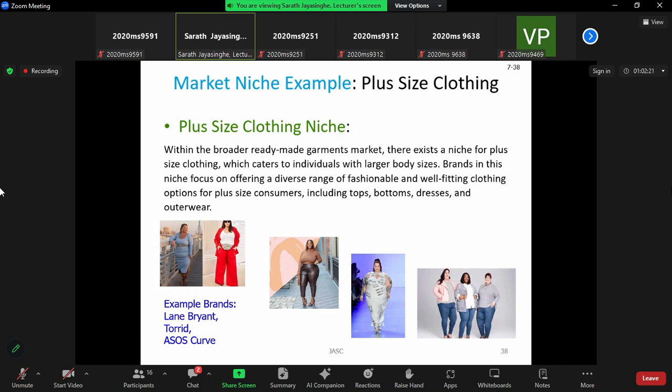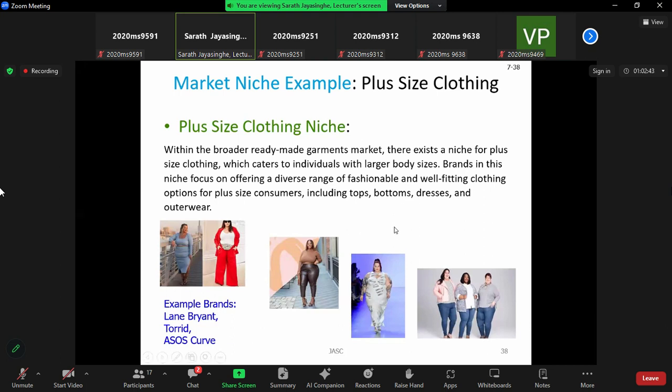Brands in this niche focus on offering a diverse range of fashionable and well-fitted clothing options for plus-size consumers, including soft bottoms, dresses and underwear.